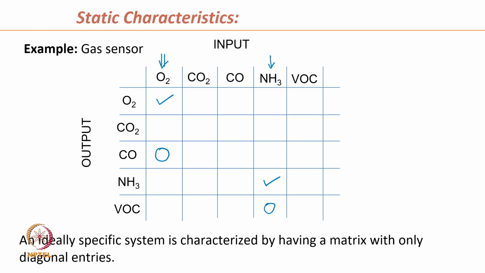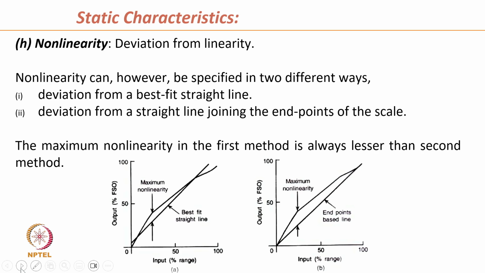If a sensor is very selective, then we will have only the diagonal element, meaning oxygen will produce output according to oxygen only, CO2 will produce output according to CO2 only, CO will produce output to CO only, and NH3 to NH3 and VOC to VOC. So, we will have only these diagonal elements in the selectivity matrix for a selective sensor. Next parameter is non-linearity.